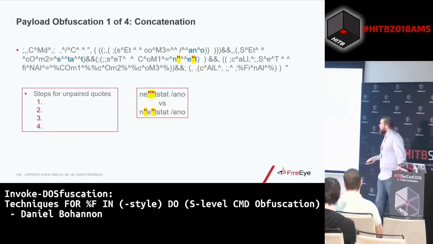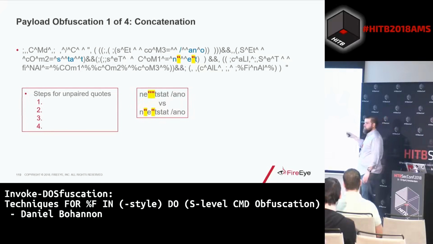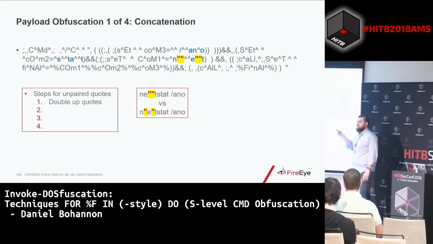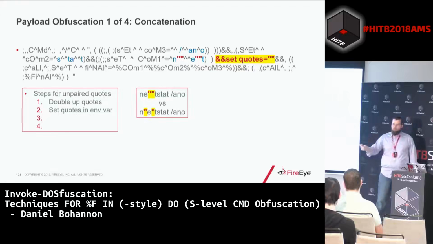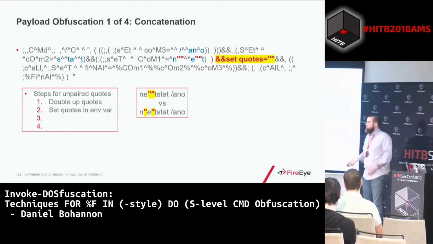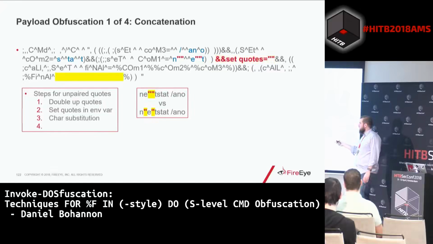And here's what I did. Anywhere where I want a non-adjacent double quote, I first set it to adjacent, paired double quotes. The next thing I do is I set an environment variable that contains quote, quote. In this case, I'll just call it quotes. Then in our very final variable at the end, I use string substitution and say, I want you to replace every instance of quote, quote with a single quote.